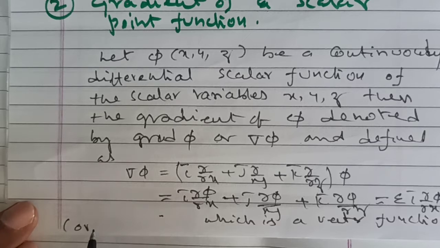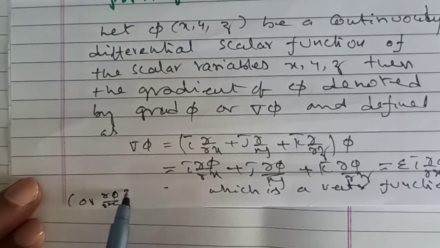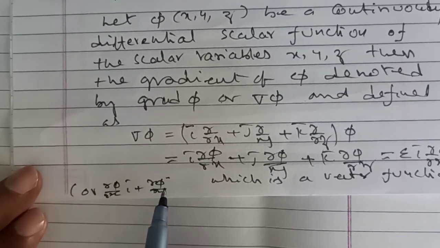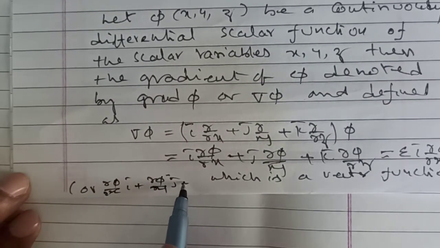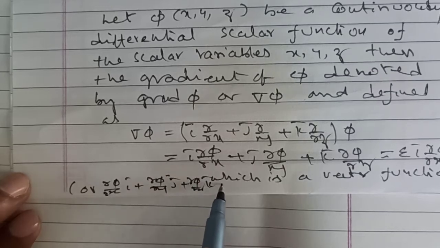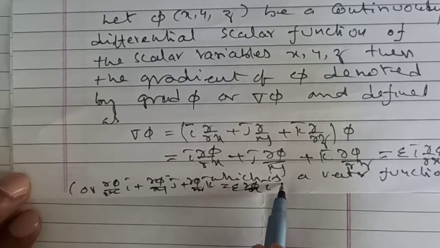Or sometimes we may write this del φ as I bar ∂φ/∂x, or ∂φ/∂x I bar plus ∂φ/∂y j bar plus ∂φ/∂z k bar, which is equal to sigma ∂φ/∂x I bar also.